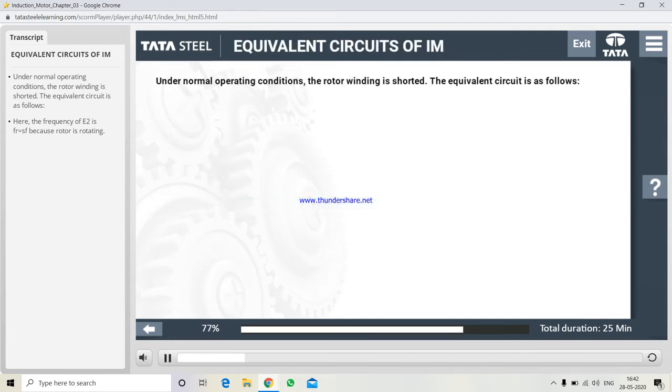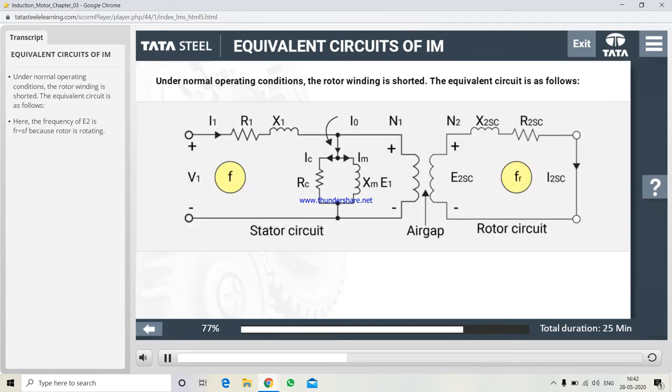Under normal operating conditions, the rotor winding is shorted. The equivalent circuit is as follows. Here, the frequency of E2 is Fr equals Sf because rotor is rotating. Click Next to continue.